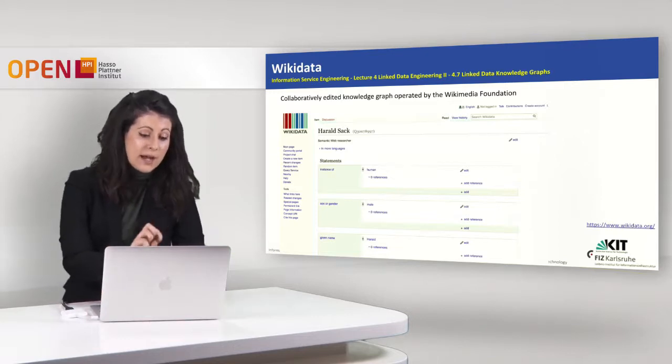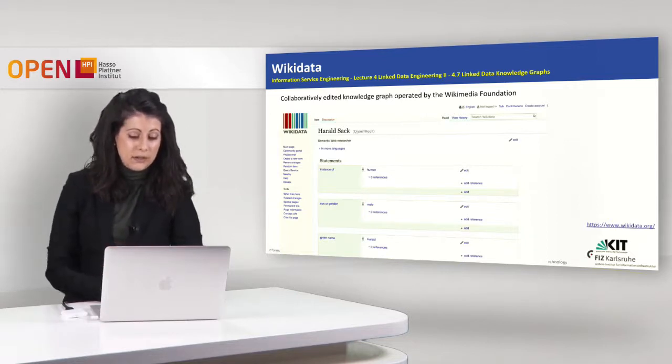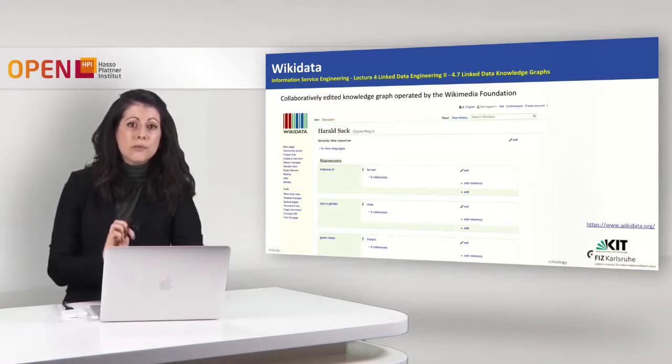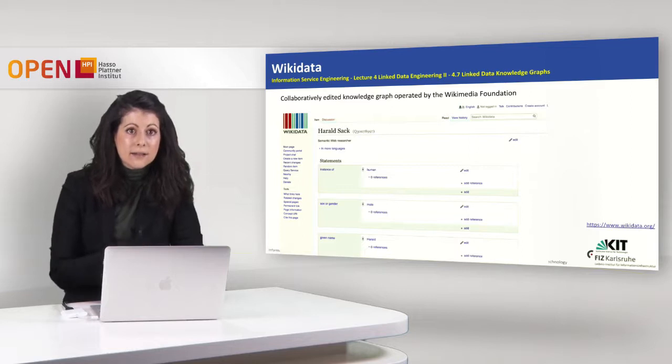So this is how the page of a Wikidata entity would look. We're going to emphasize more in the next slide, but what I want you to get from this slide is the options that we have to edit and add.